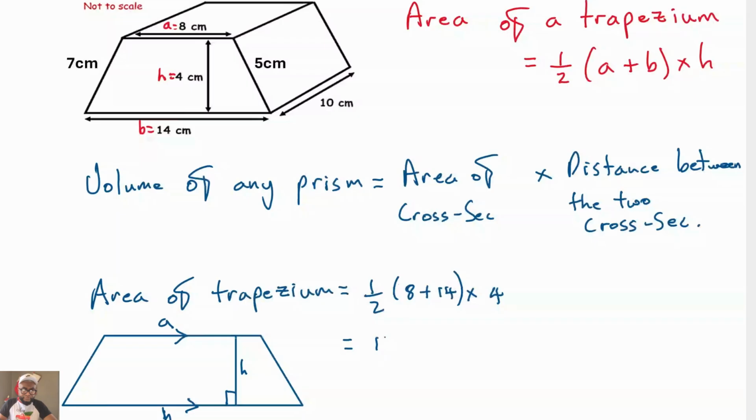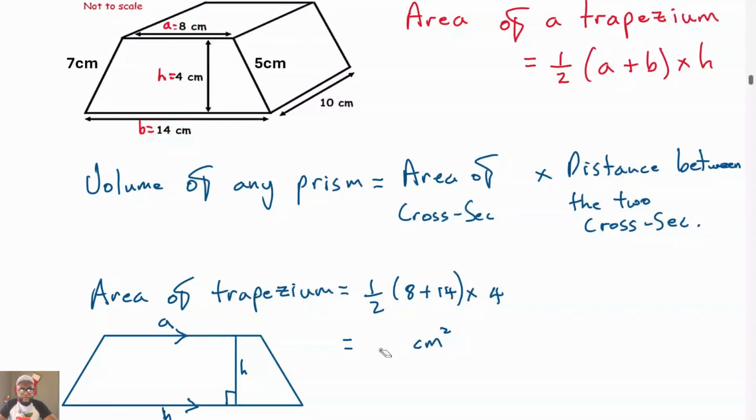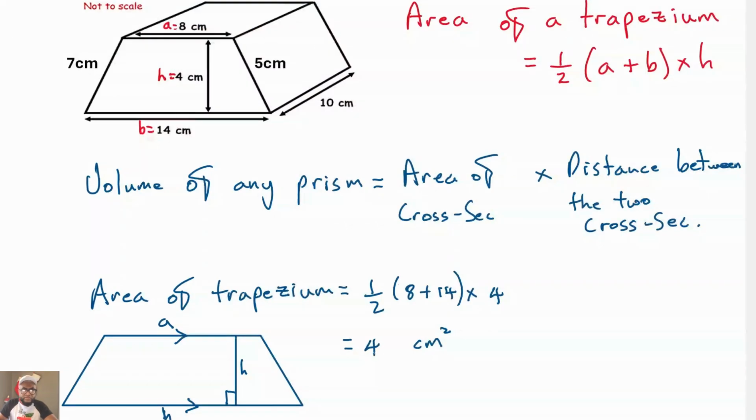11.5? Somebody had a second answer for me. 11.5 centimeters squared. 44, some are more correct. I got 44. Just 44 flat? Yes, sir. I get 32. 32?